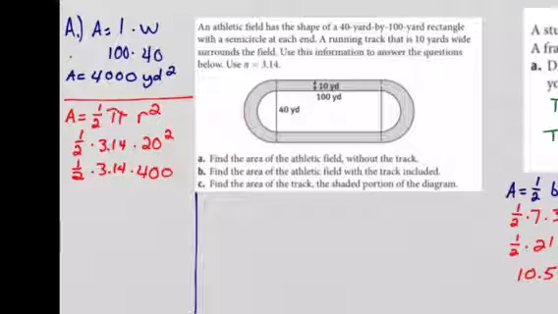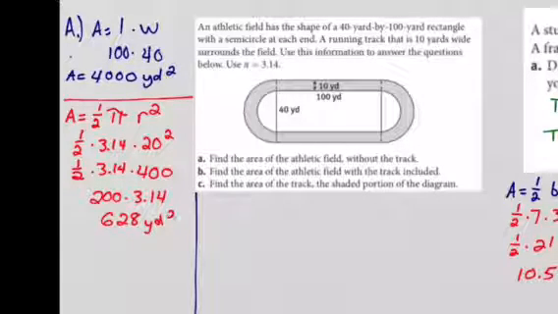So now what I'm going to do is take 1/2 of 400, because remember we can choose to do it whichever order we want, and we always want to choose the easiest way. So 1/2 of 400 is 200, and I'm going to times that by 3.14. And when I times 200 times 3.14, I get 628. So that's 628 yards squared.